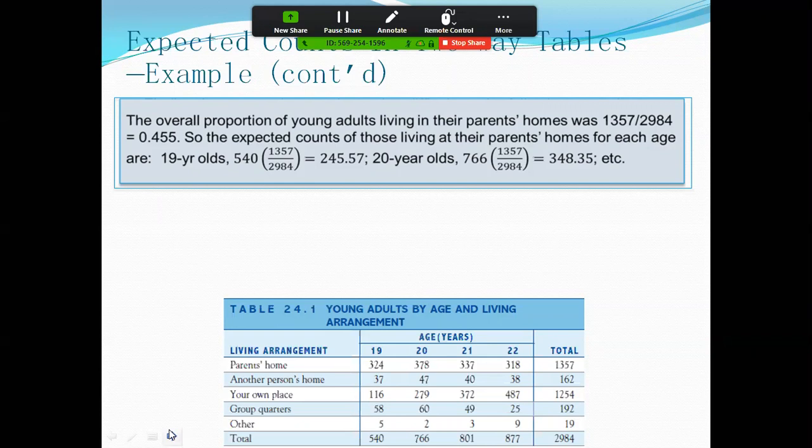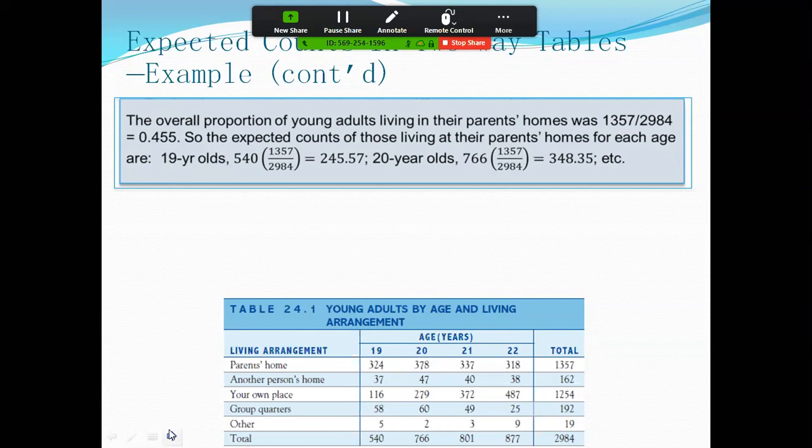So the expected counts of those living at their parents' home for each age are: 19-year-olds, which were 540 of them, times that quantity of 0.455. The 20-year-olds is 766 of them, times that quantity, etc.